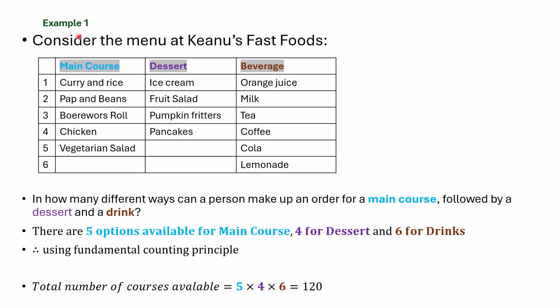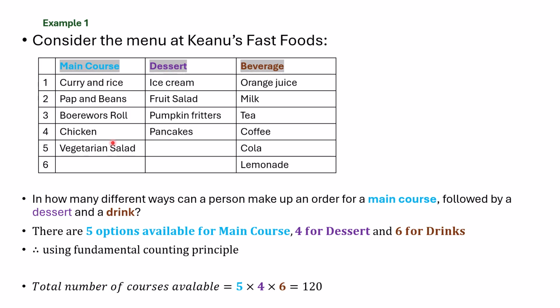Right, so example 1, consider the menu at Keanu's Fast Foods. So his menu is given there. Sorry, I can't include color because you might get hungry. So main course is curry and rice, pap and beans, boerewors roll, chicken, vegetarian salad, right? So that is the main course.